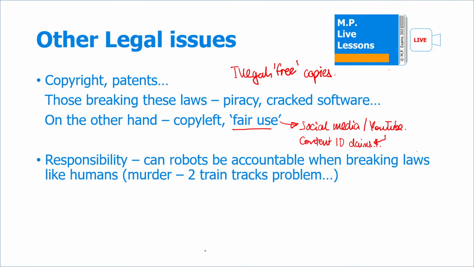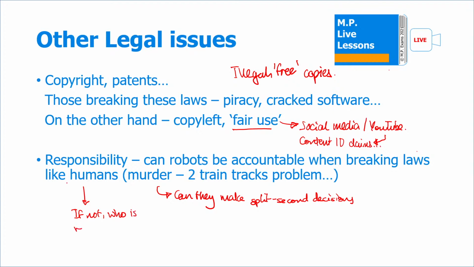Other legal issues could be responsibility. For example, can automated machines or robots be accountable legally when breaking laws like humans? For example, with murder, with the two train tracks problem, can they make those decisions?